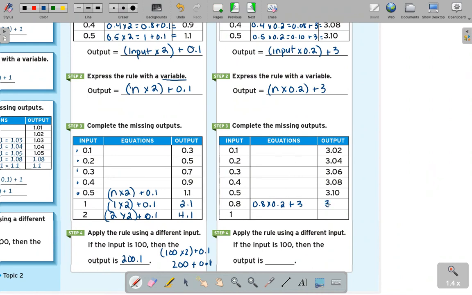Plus 3 would be 3 16/100. If I plug in 1 times 2/10, 1 times 2 is 2, and that would be in the tenths place because this is a whole 1, plus 3, so I'd have 3 2/10.